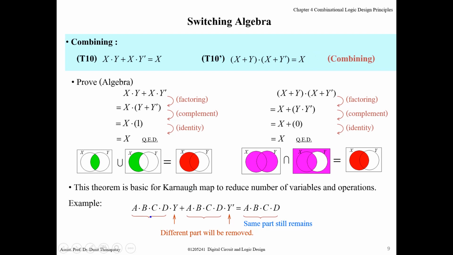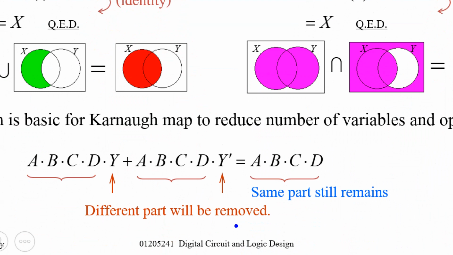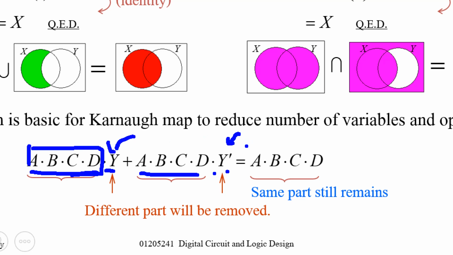How about this one? For this one, A, B, C, D, and y, plus A, B, C, D, and y prime. This is the same part, and this one is opposite. So the same part remains for the result, so they become A, B, C, and D. The different or opposite part will be removed.